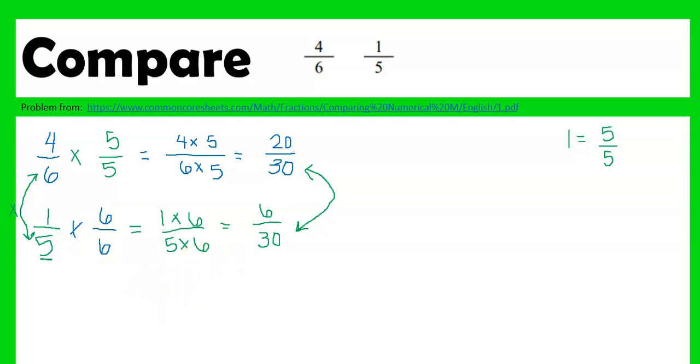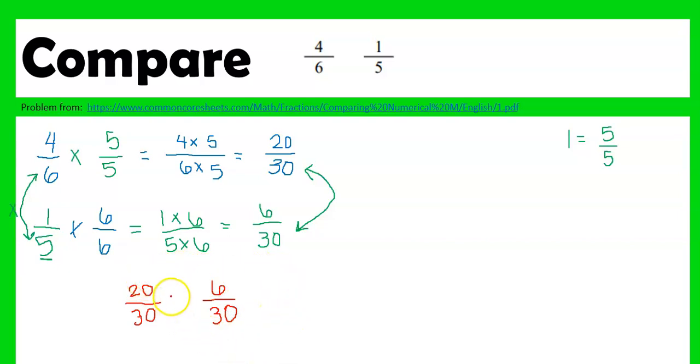So now I'm comparing the fractions 20 over 30 and 6 over 30. As stated in the previous slide, when I'm comparing fractions using like denominators, I use the numerator to determine the fraction size.